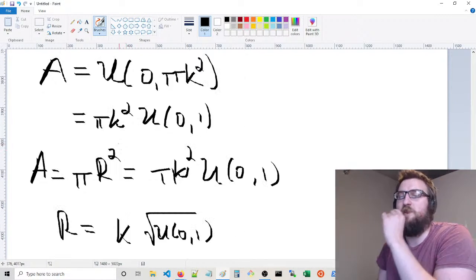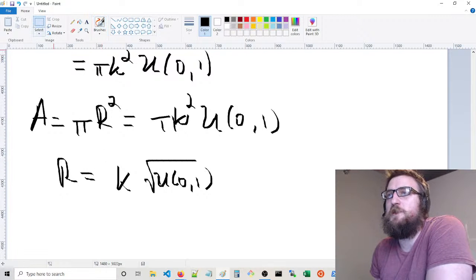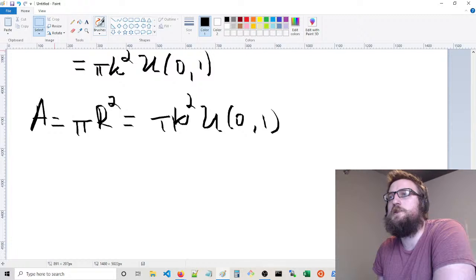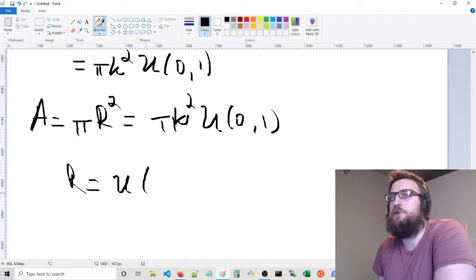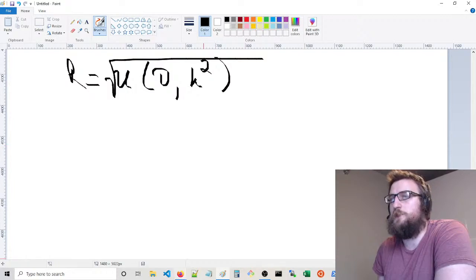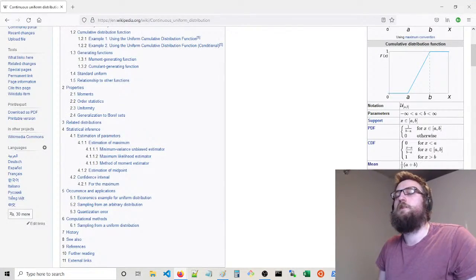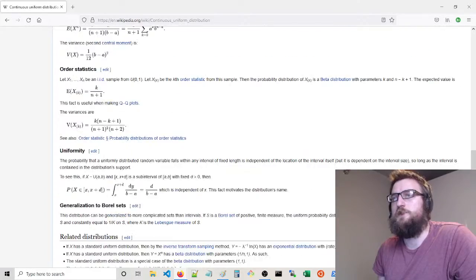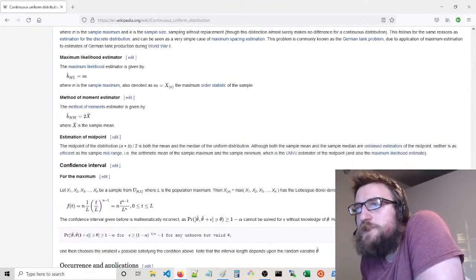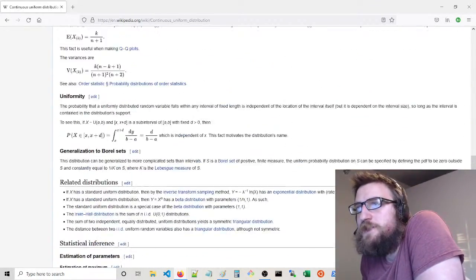Now what's interesting about this is that you can optimize this. So r is a random number from U(k squared), the square root of k U(k squared). Well, as it turns out, if you go on Wikipedia, for continuous values, there's something interesting here.